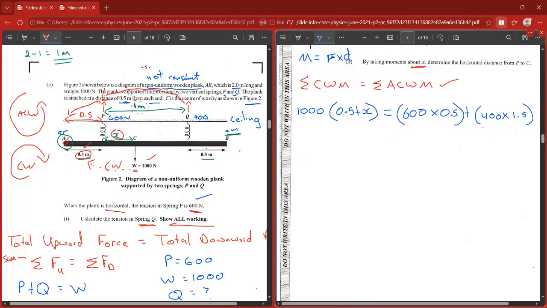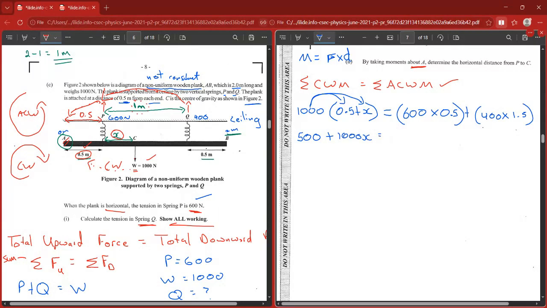Now I have to multiply and do some algebra and make x the subject of the formula. This is the principle of moments I apply here: sum of clockwise moments is equal to sum of anti-clockwise moments. So you expand this: 1000 by 0.5 and 1000 by x. 1000 by 0.5 is 500, and 1000 times x is 1000x.